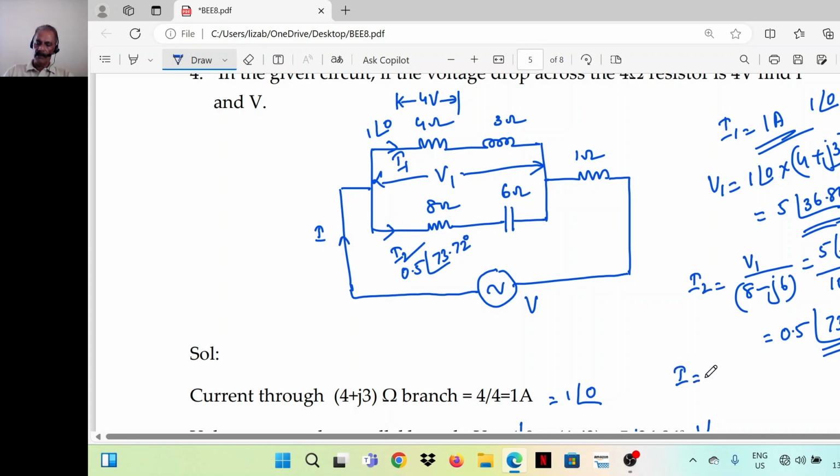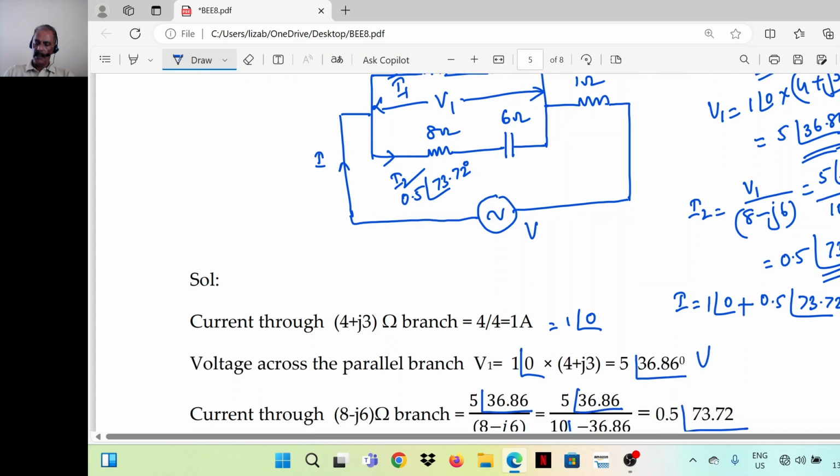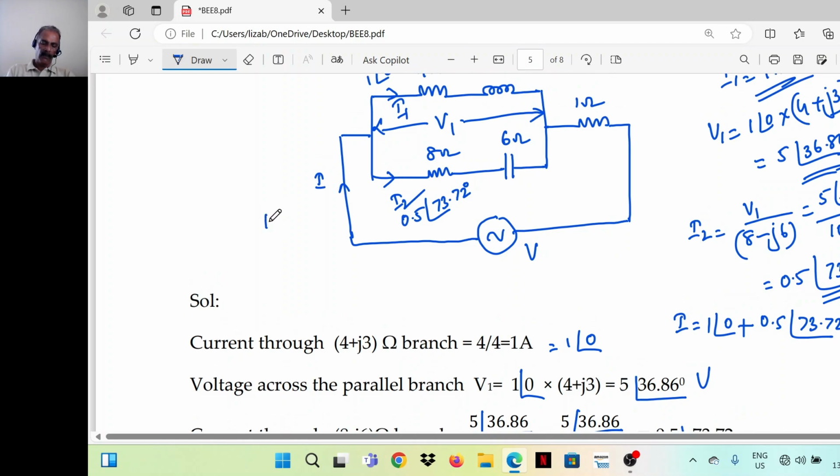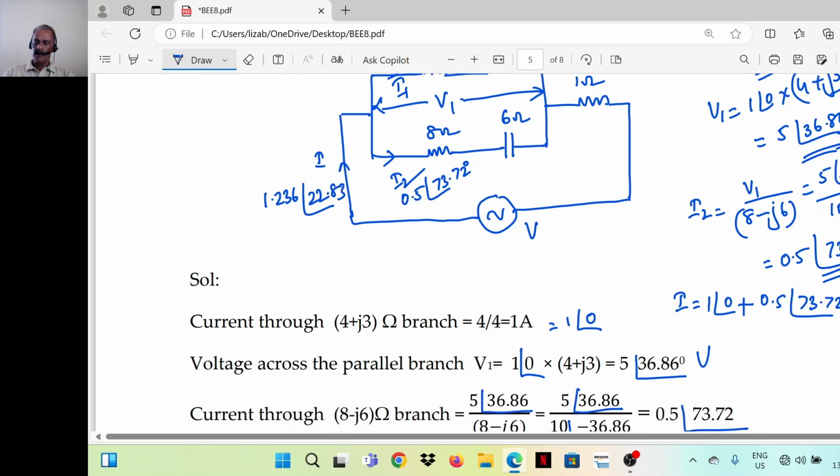So I is equal to 1 angle 0 plus 0.5 angle 73.72. So convert this quantity. 1 angle 0 is 1 plus J0 plus 0.5 angle 73.72, convert to rectangular form and add it to get total current 1.236 angle 22.83. So that is the total current.